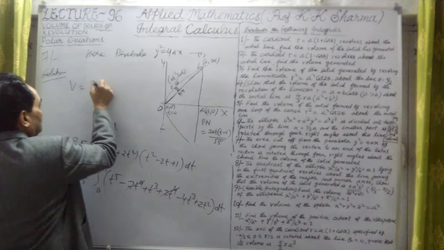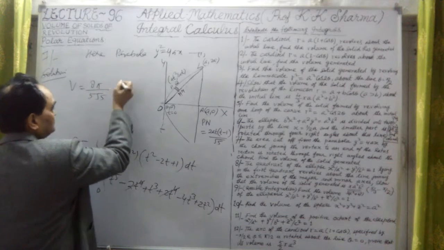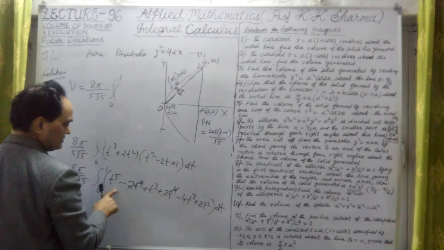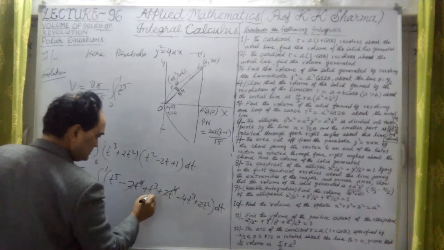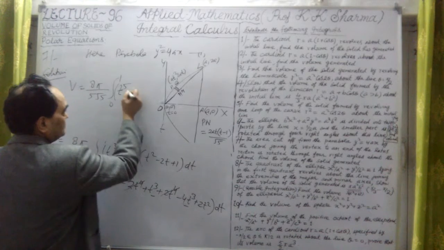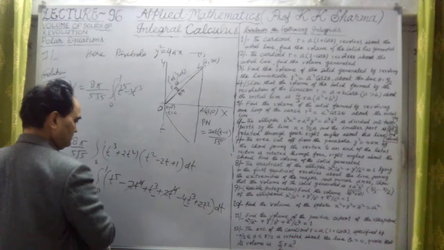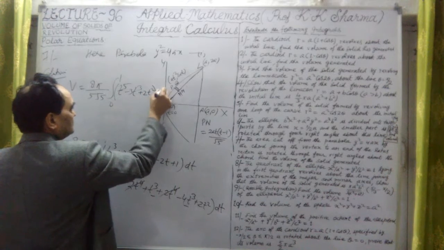It is 8π upon 5√5. Before integration, let me further summarize this. This is t⁵ independent term, t⁵, then t³ and minus 4t³, that means minus 3t³ plus 2t² only here, plus 2t² into dt.